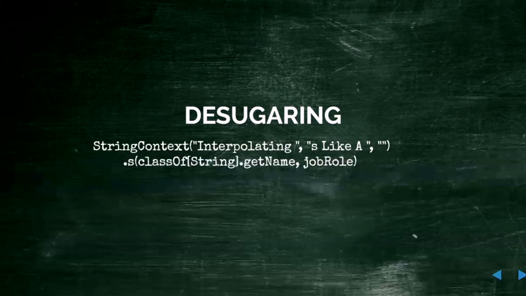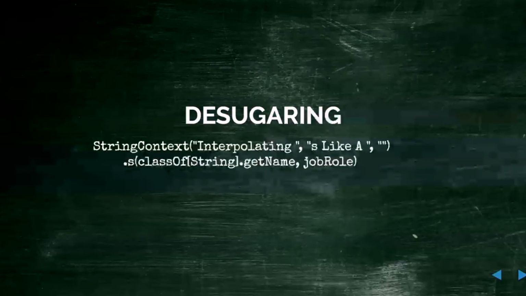We exclude, during the creation of the string context, all the variable parts. And then given that object we've just created there, we apply the method s to it. Now s is basically the identifier, whatever that happens to be, that appears prefixing the string literal. So here it's s, and then we apply parameters to this, which are the variable parts.